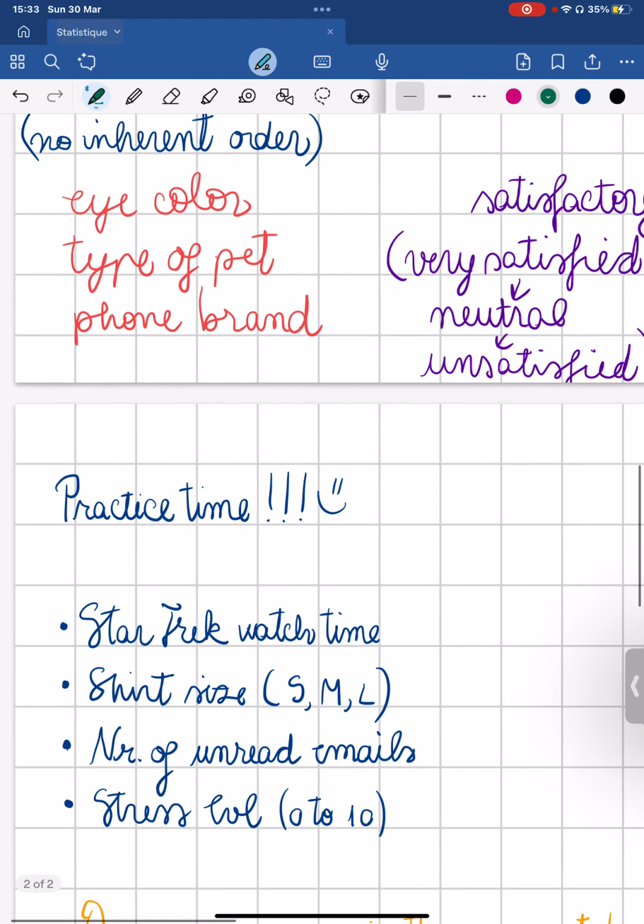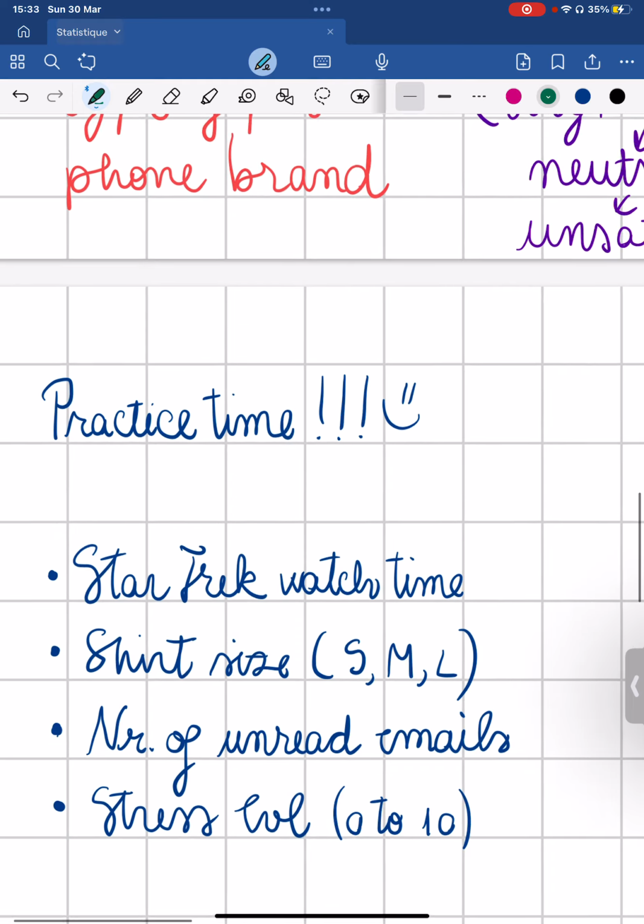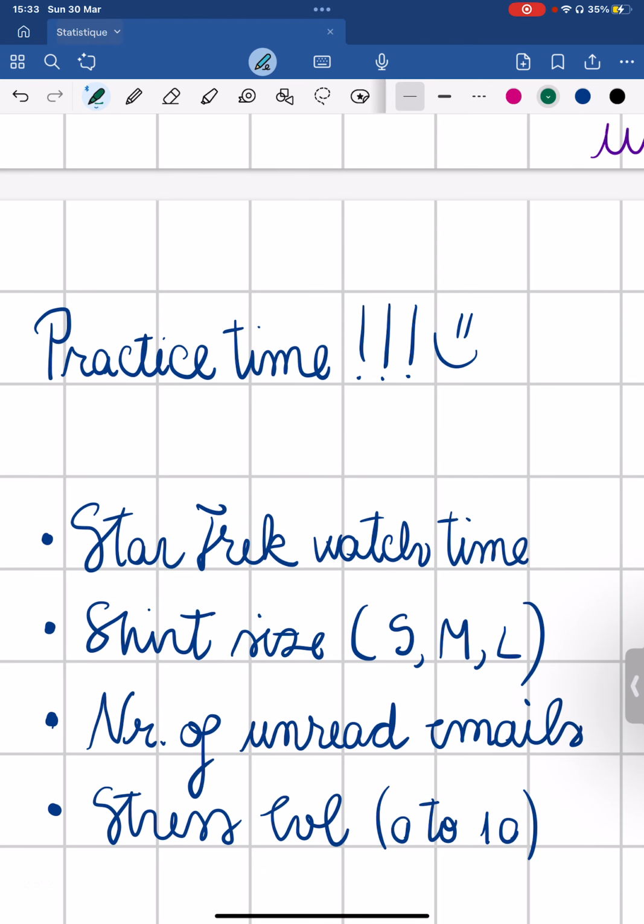And now that we have covered all of that, let's have some practice time. Here's a couple of different statements, and I would like you to take a minute and try to figure out what types of data these are. So, Star Trek watch time, that is because I'm a huge Star Trek fan.